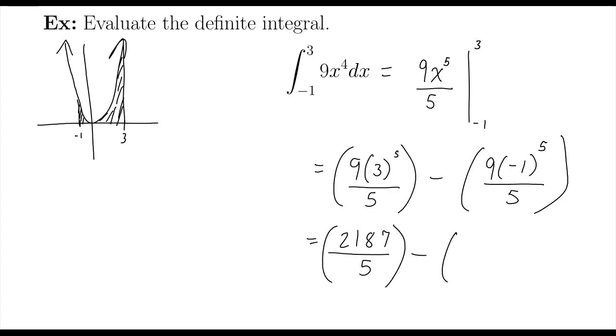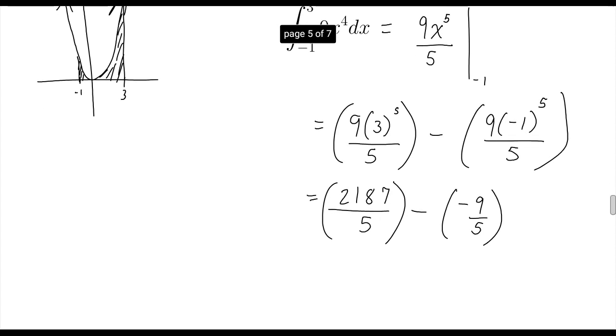Negative 1 to the 5th power is negative 1, times 9 is negative 9 over 5. So that leaves me with plus 9 over 5. So that leaves me with 2196 over 5.